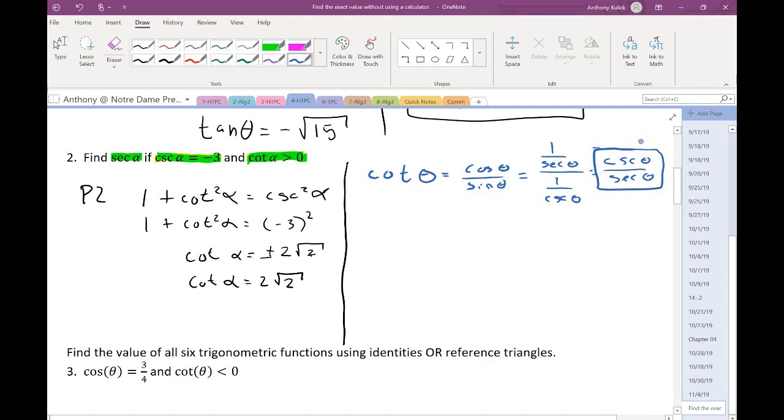And that's what I'm going to use here, is that cotangent is equal to cosecant over secant. That's on the identity sheet that I put on PowerSchool.